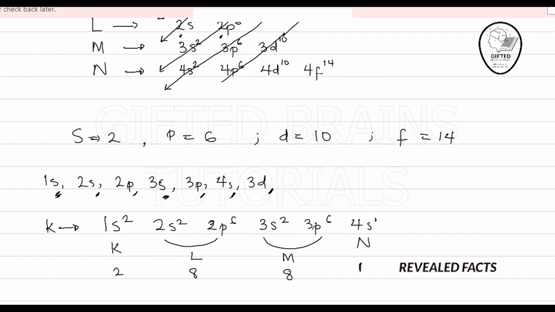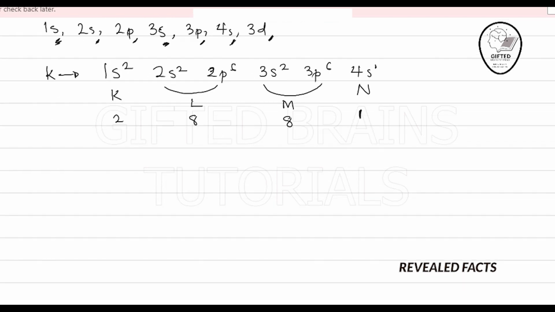What happens if I am going beyond potassium? Let's go to calcium, for instance. If I'm going for calcium, I will have the same thing happening. 1s2, 2s2, 2p6, 3s2, 3p6, and 4s2.